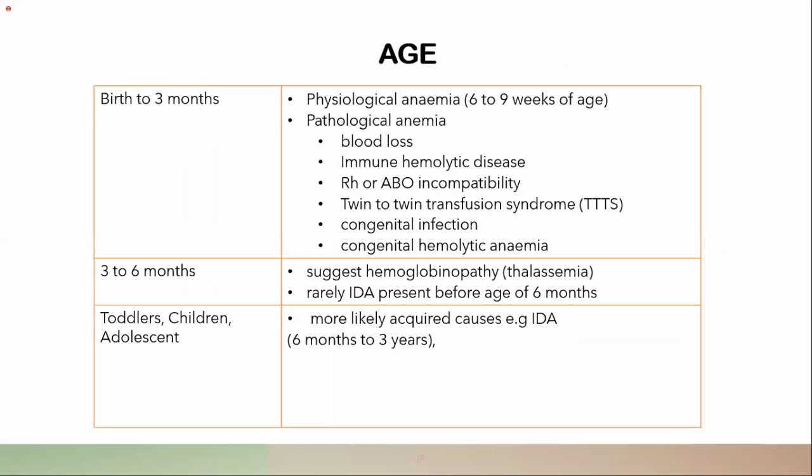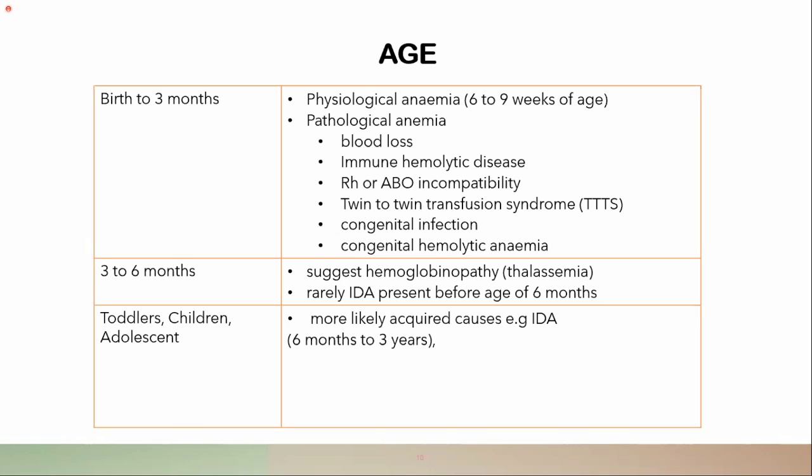Okay, so for age variation, for children from birth to 3 months old, usually it can be due to physiological anemia and also pathological anemia, and we have already discussed it in the previous PBS. So I'm focusing on the next age, which is 3 to 6 months old.